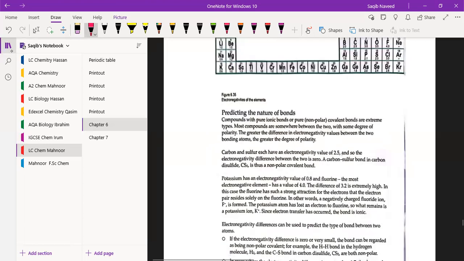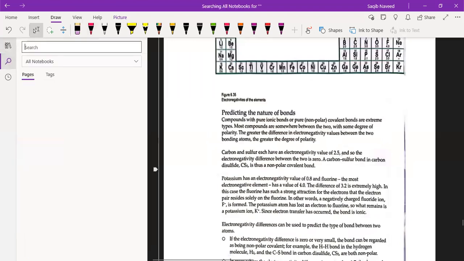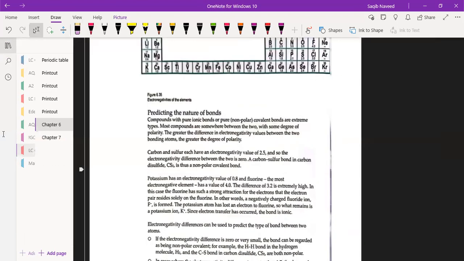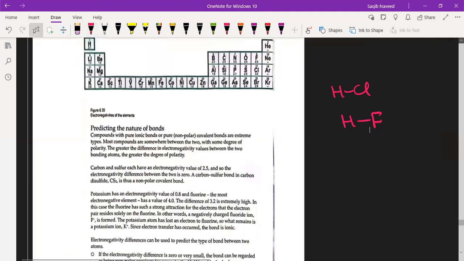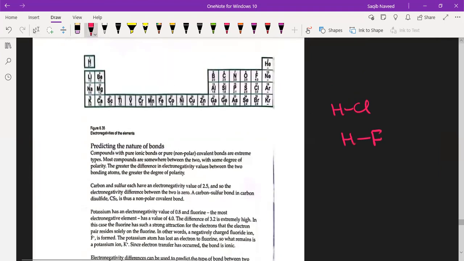Predicting the nature of bond. What is meant by the nature of bond? If you have a bond like HCl, HF, you subtract the values of electronegativity. The electronegativity value of H is 2.1, Cl is 3.0, and F is 4.0.